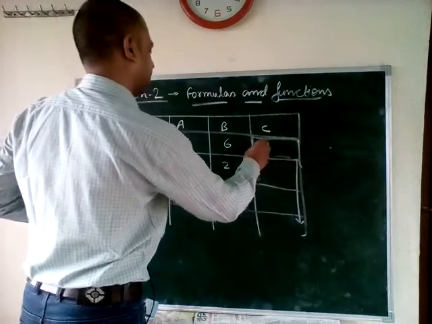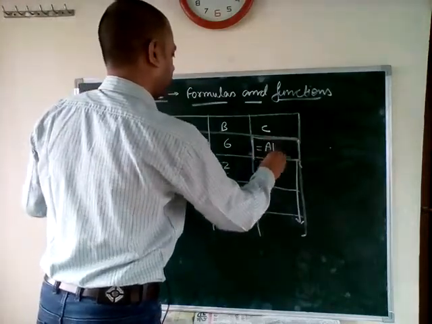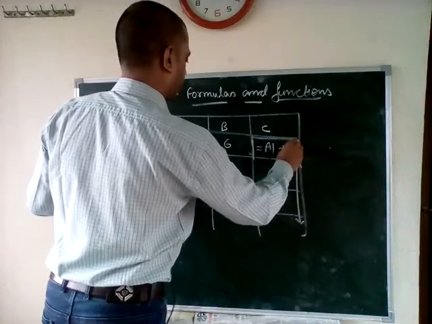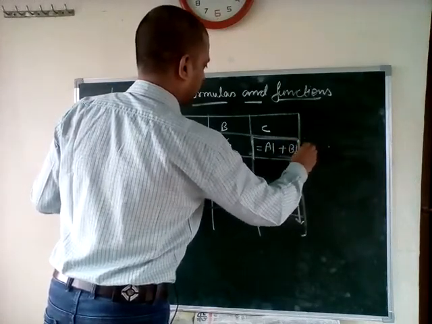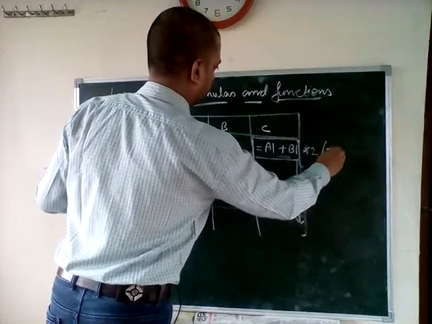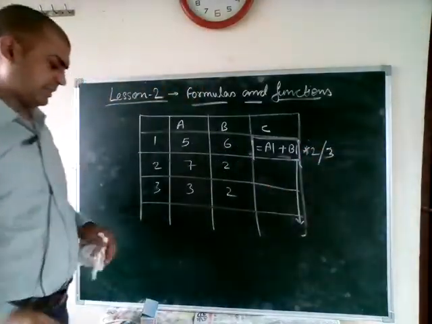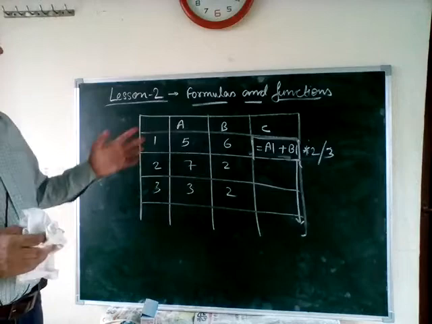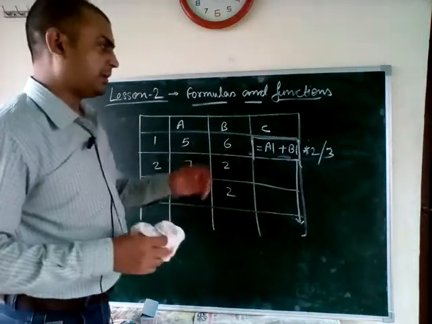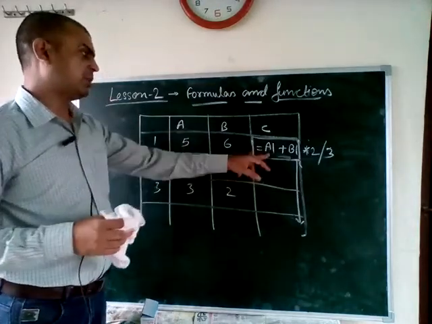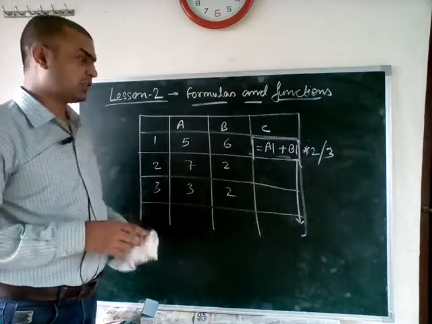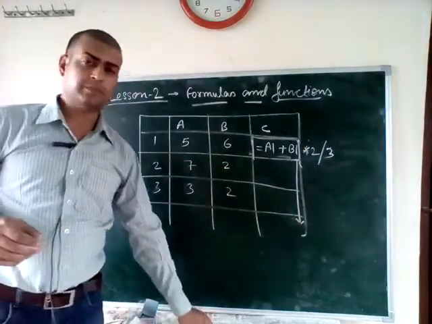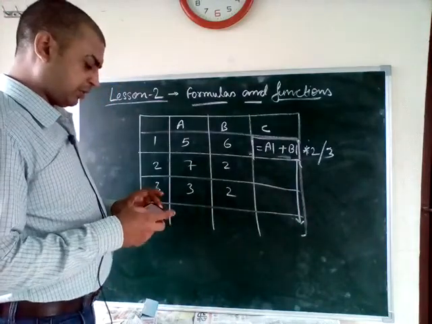So in this you can write equal to A1 plus B1 multiply 2 divide 3, like this I have written. So what I have done here, I have used so many operators in this formula: 1, 2 and 3 operators I have used. So this is called compound formula.